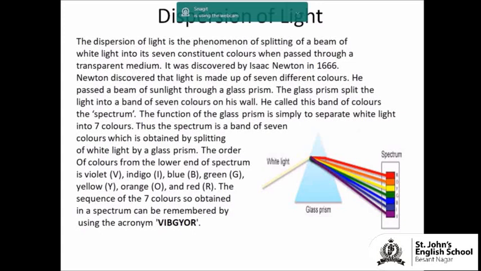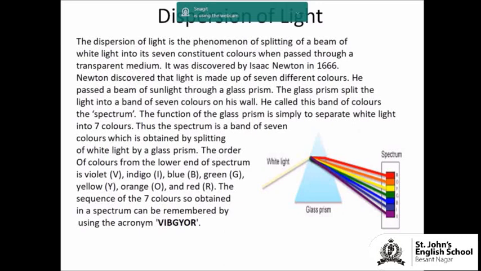Take a glass prism and allow a beam of white light to fall on one of its faces. On entering the prism, the beam of light splits into 7 colors and forms a broad patch on a white screen placed on the path of the split beam.